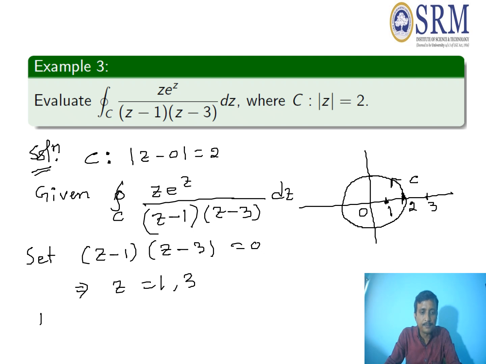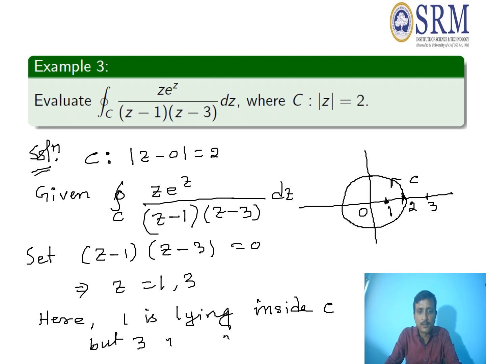So here 1 is lying inside C, but 3 is lying outside C. As it is outside C, we will not bother about this point 3. So then what will we do? For that integration you have to do some special treatment.